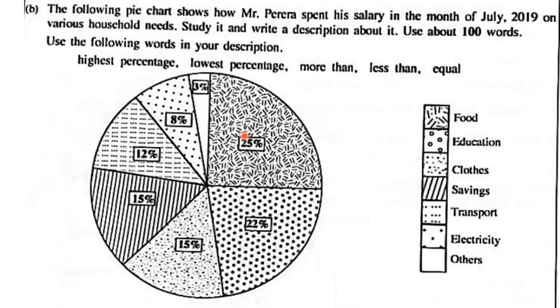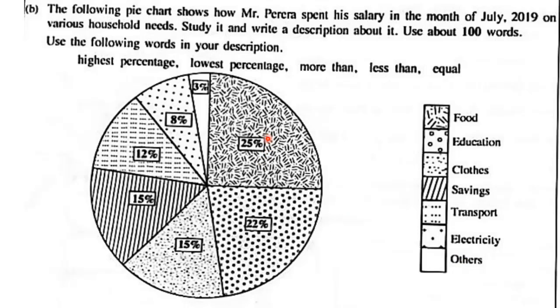I will write like this. The following pie chart shows how Mr. Pereira spent his salary in the month of July 2019 on various household needs. He spent his salary on food, education, clothes, saving, transport, electricity and other minor needs.